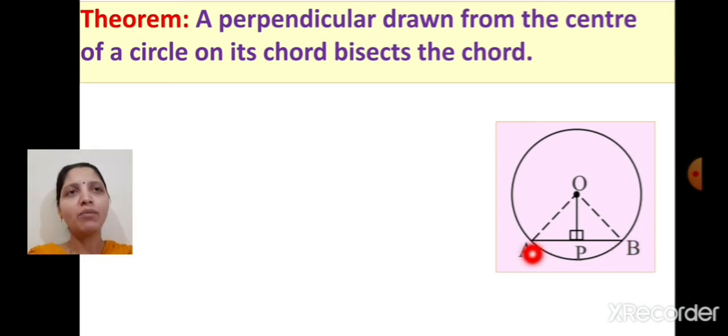Okay, and based on the properties of chord, we have learned one theorem which states that a perpendicular drawn from the center of the circle on its chord bisects the chord.